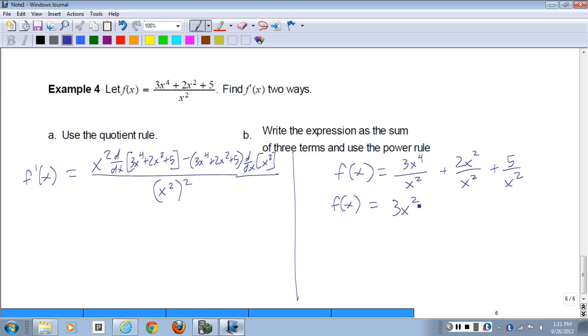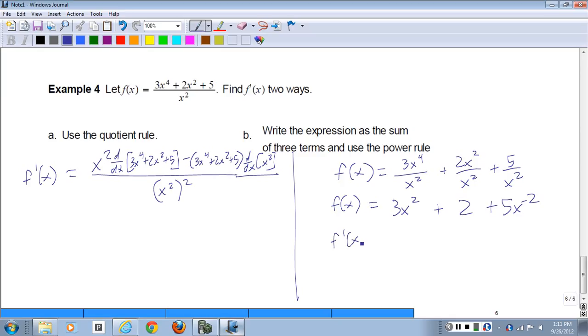Simplify each one: 3x squared plus 2 plus 5x to the negative 2. Now we can take the derivative. This is nice, huh?